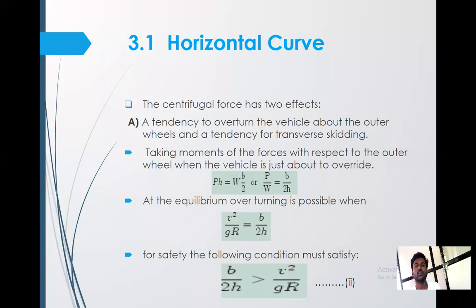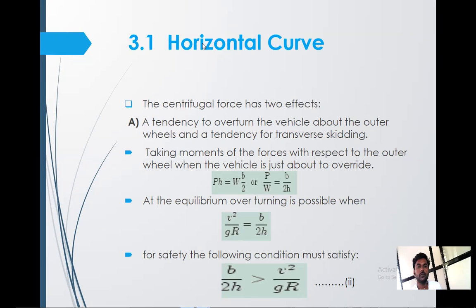Okay, then for the first, that is for overturning, we take the moment of the forces with respect to the outer wheel of the road. Then by that we get the formula as P into h is equal to W into b by 2. So if we take the W to the left side, we will get the formula, it is a very important formula.